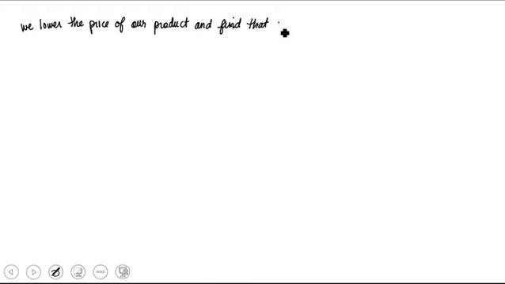So let's say that we lower the price of our product and find that our revenues fall.